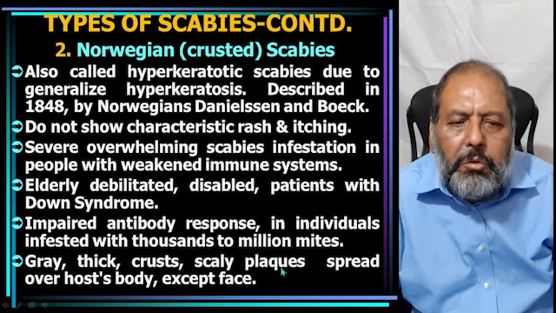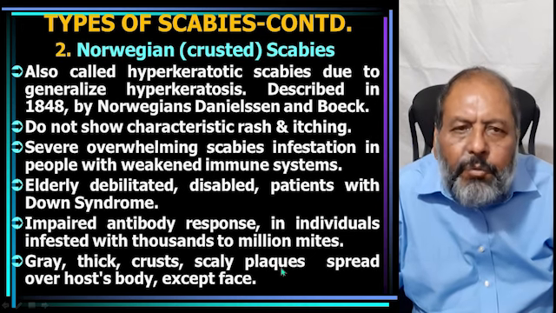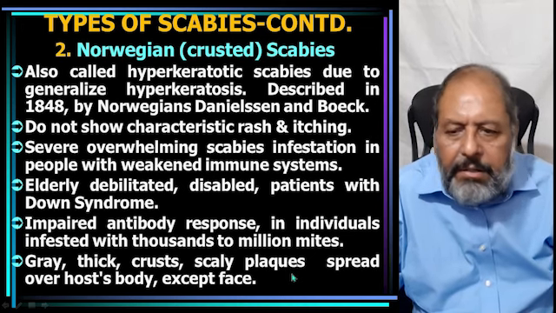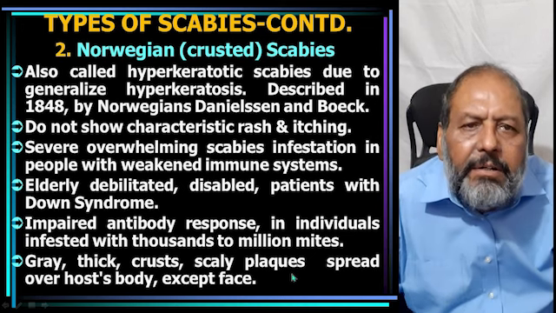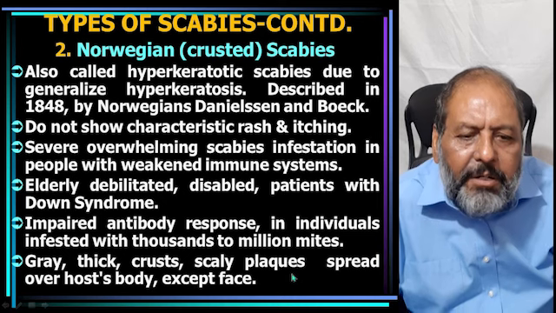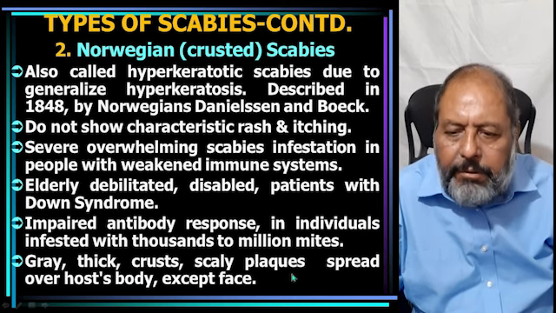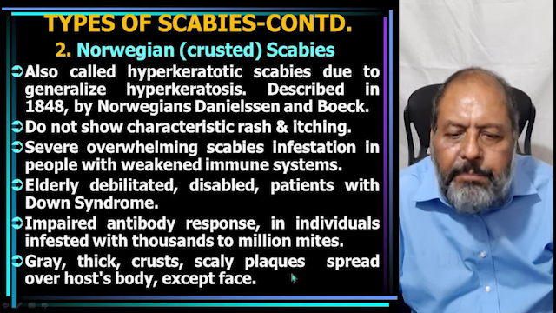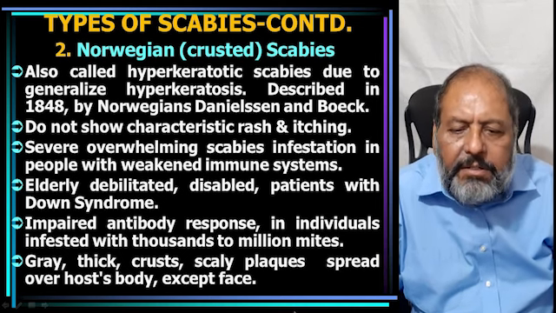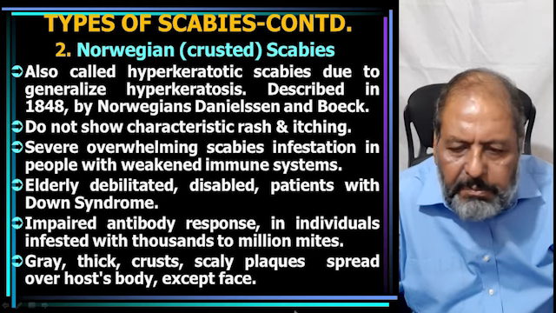They do not show the characteristic rash and itching, and it is a severe, overwhelming scabies infestation in people with a weakened immune system, in elderly debilitated patients, and disabled patients with Down syndrome, and there is an impaired antibody response in individuals infested with thousands to millions of scabies mites.